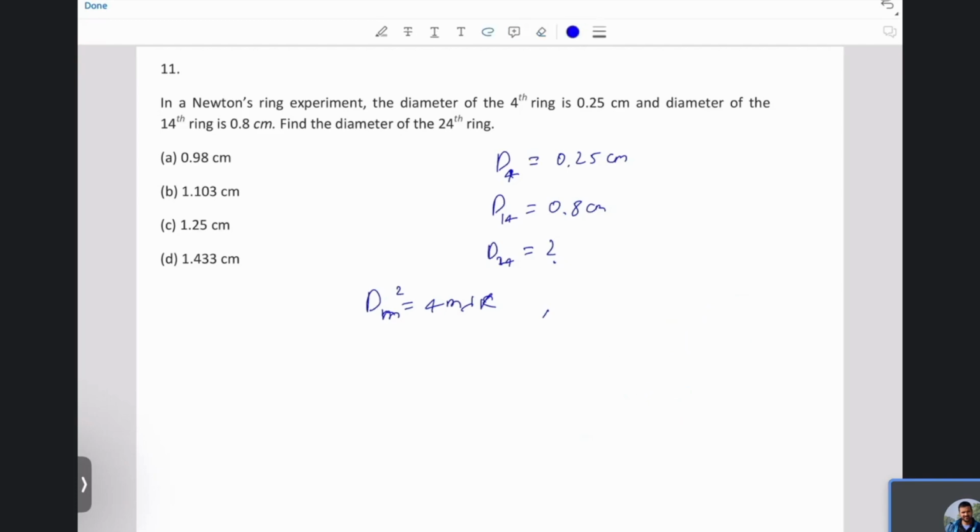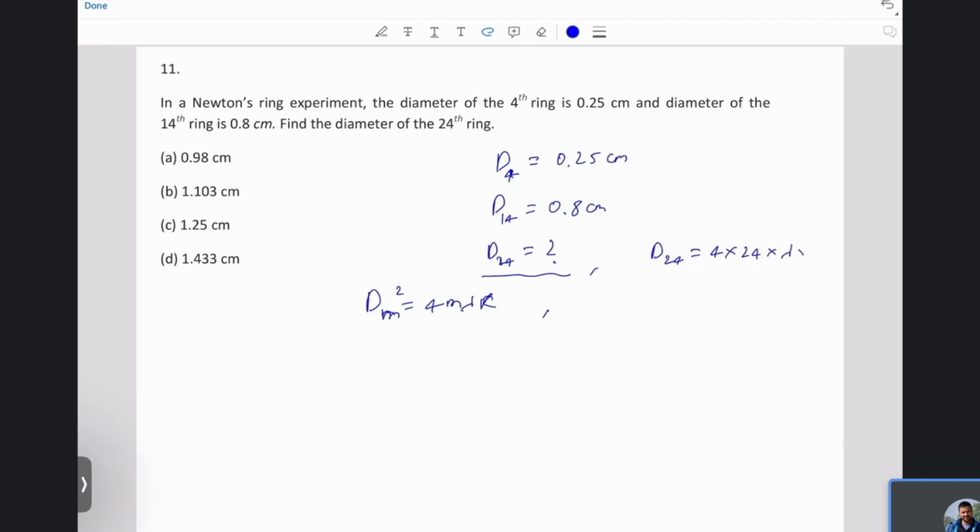So the way you can think here is that to calculate D24, what do you need? You need m, you know it's 24.